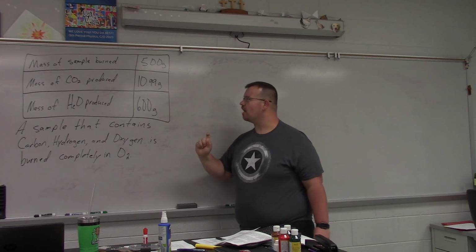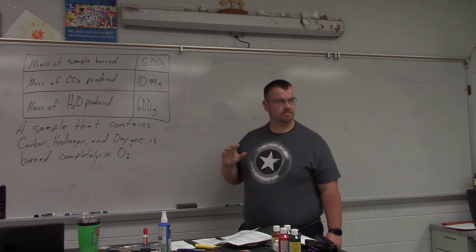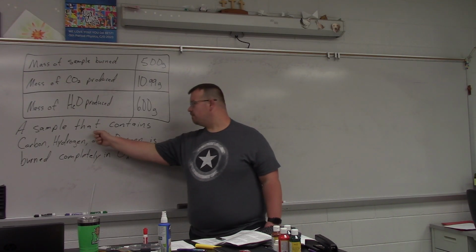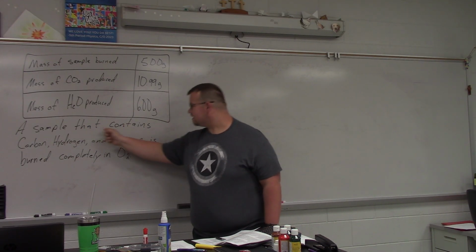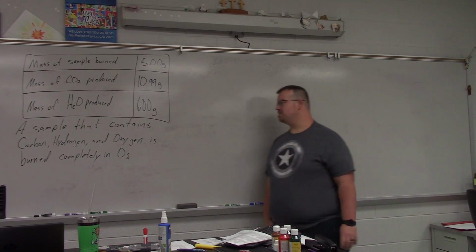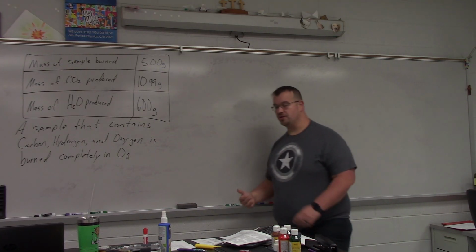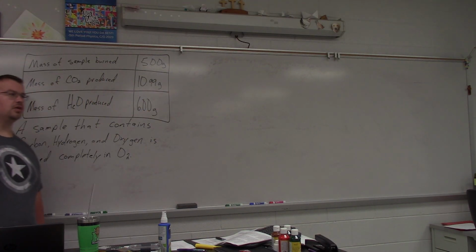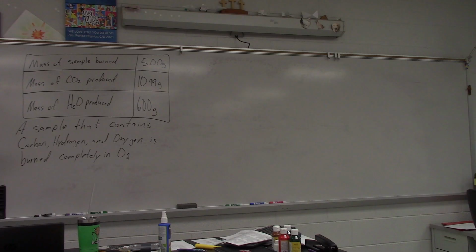So now what we're trying to figure out is some different questions that can be asked around this. The information you have is that table, and it says a sample that contains carbon, hydrogen, and oxygen is burned completely in O2. This is a good example of what a free response question could look like. They can give you that information and then ask multiple questions on this.